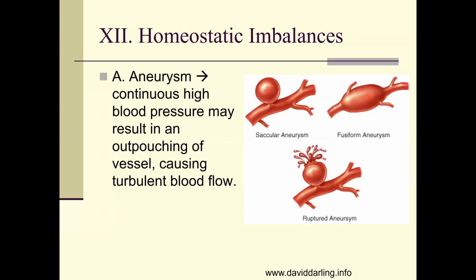If you have a known patient with an aneurysm and they have a GI bleed, that patient needs to be evaluated expeditiously. The reason being is sometimes these aneurysms will fuse with the GI system and actually rupture into the GI system.